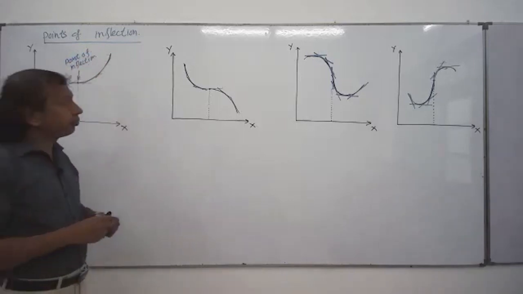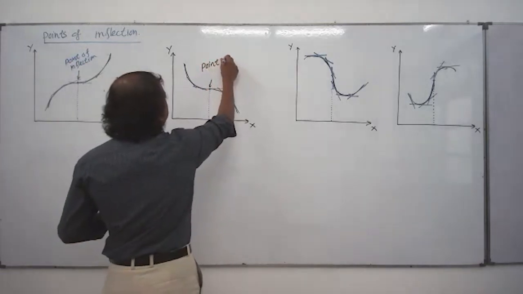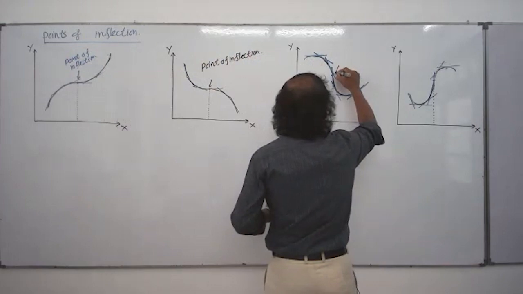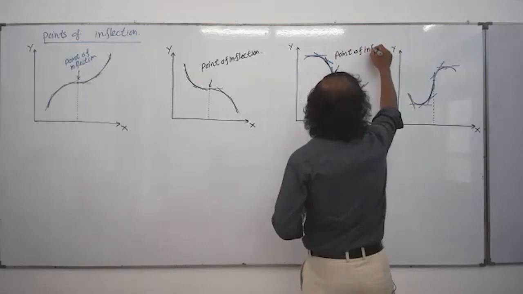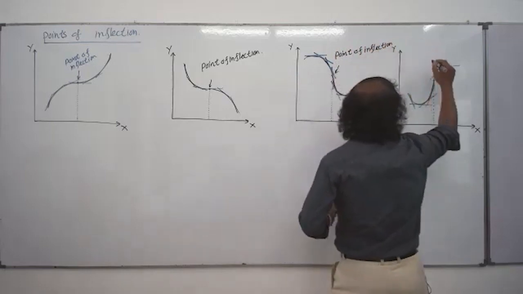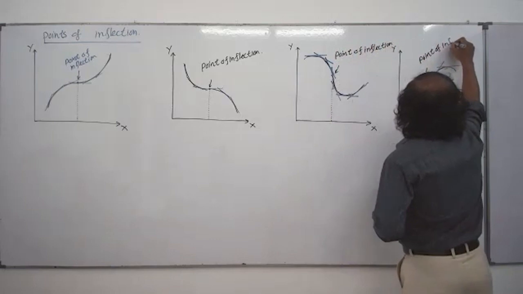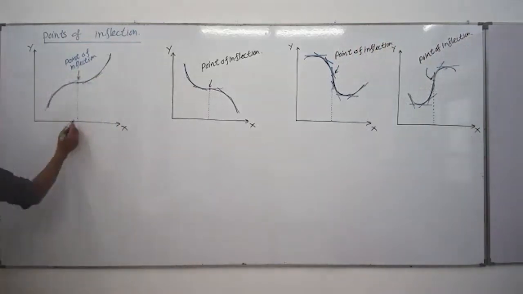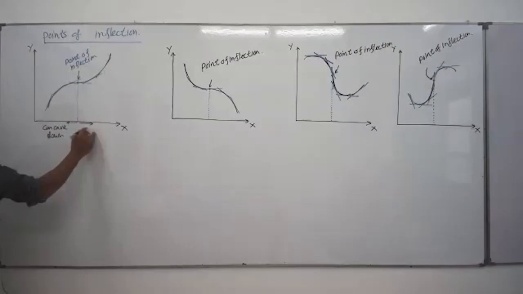Point of inflection, right? To the left of this, concave down. Right of this, concave up.